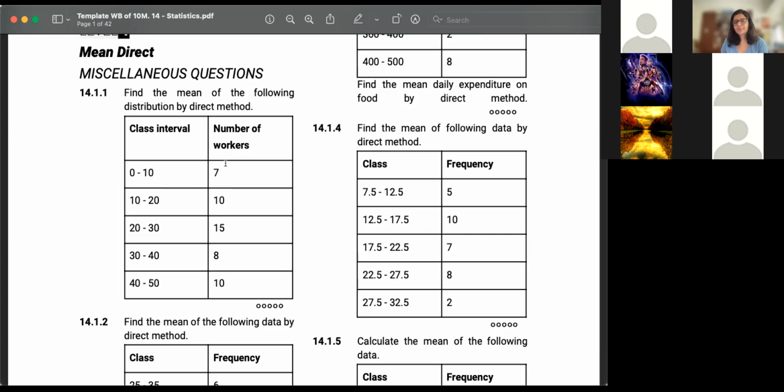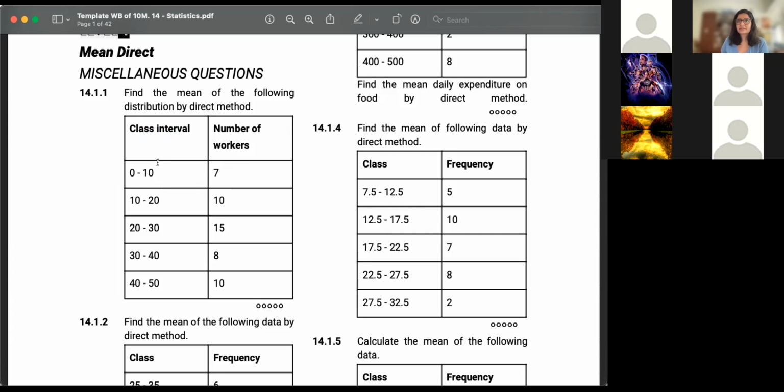So we are assuming that all 7 workers have their data, height, weight, wage, number of hours, whatever it is, lying at 5. But that's not information that is given to us directly. We are making that assumption there.